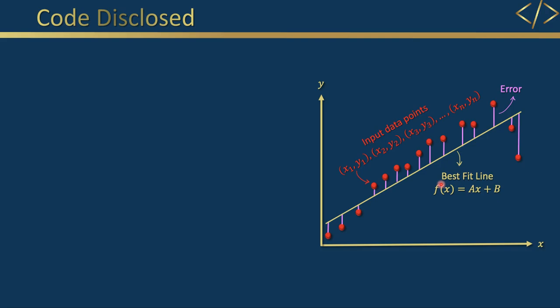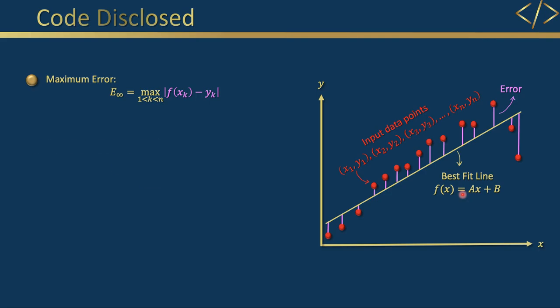The first kind of error that we could use is the maximum error, or E infinity. I need to take the maximum of the distances between each of these points and the line, and then minimize it, so I can know at which position to put this line.